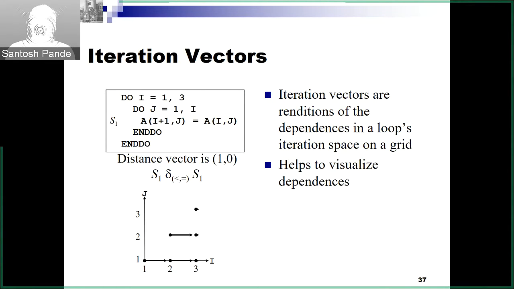So interchanging, however, is a legal transformation in this particular loop. We'll have to manipulate the loop bounds, make J the independent variable, and all those things we'll have to worry about. But that can be tackled, making sure that our loop which is still carrying the dependence is the I loop, which becomes the inner loop.